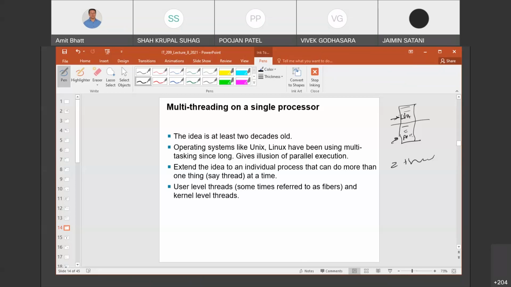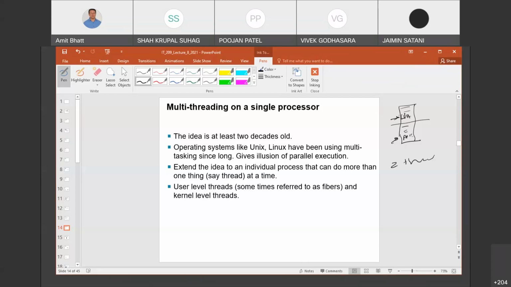And you bring in another thread, and that thread starts executing. If that thread stops for something, you say, okay, stop this thread and bring in the previous thread, because the problem would have been resolved by now, since the load would have been executed. So you bring this thread back and start working from the program counter value where you left off.